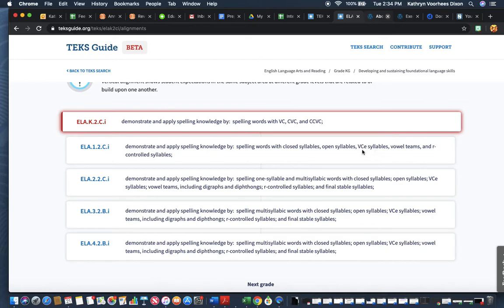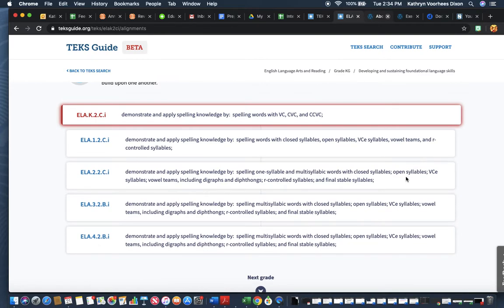We would also have our vowel consonant E. So first grade, we're already putting in one of our long vowel spelling patterns. Vowel teams, meaning our E-E, E-A for a long E sound, and R controlled syllables. So we're already going to have those R controlled vowels. This is in first grade that this is introduced.